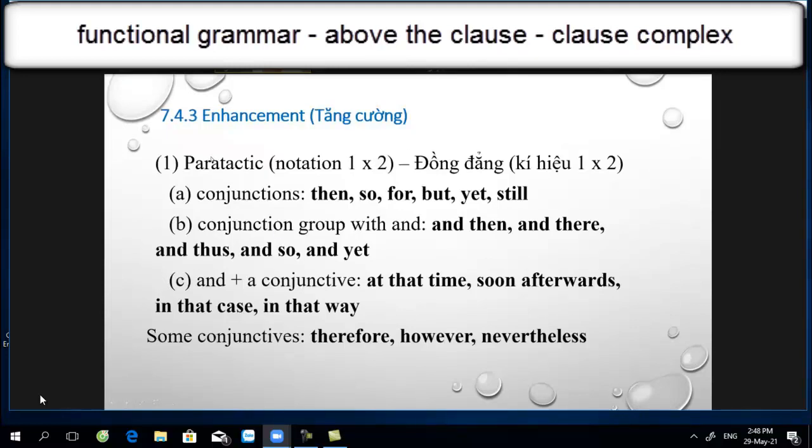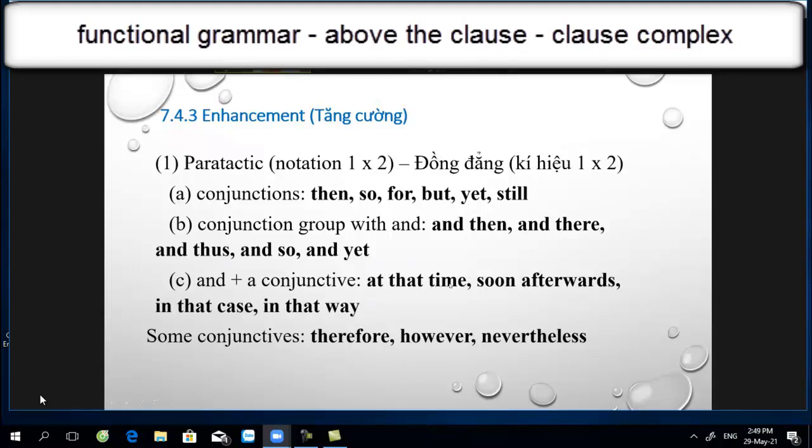And now the third one, enhancement, tăng cường. We also have the paratactic and hypotactic. About the paratactic, we use the number 1 multiplied 2 for đồng đẳng. Some markers are the conjunctions then, so, for, but, yet, still, and the conjunction with and: and then, and there, and thus, and so, and yet.